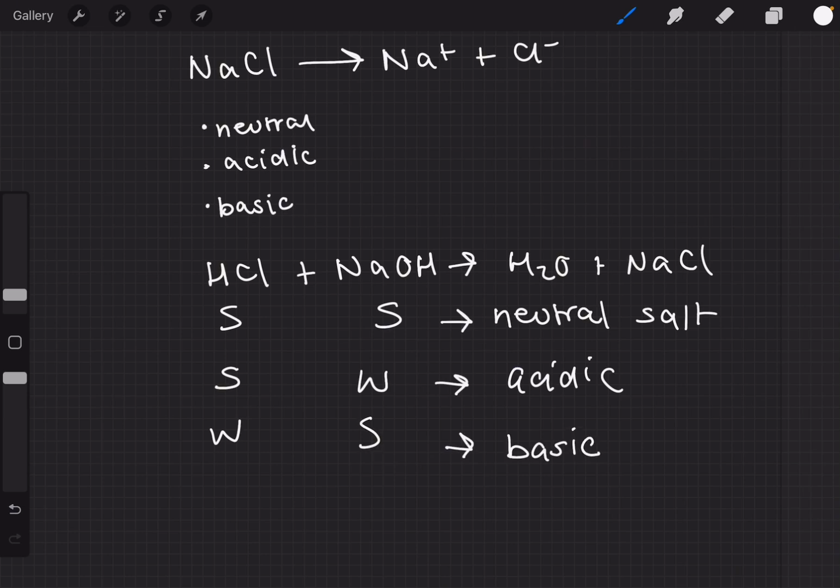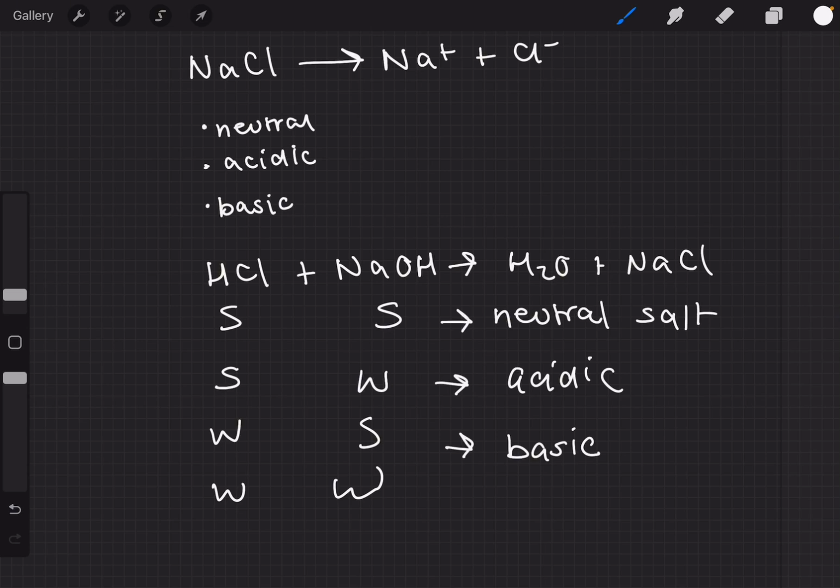Now, obviously, there are also scenarios where there would be a weak acid and a weak base. Sorry, I said that the other way around. But we don't have to know this for the purposes of honors chemistry.